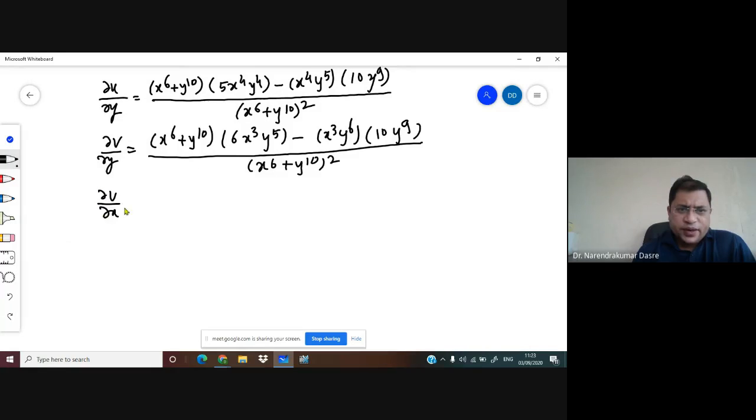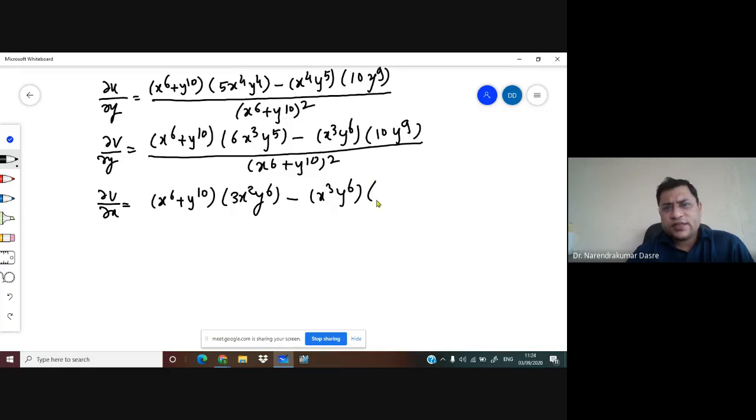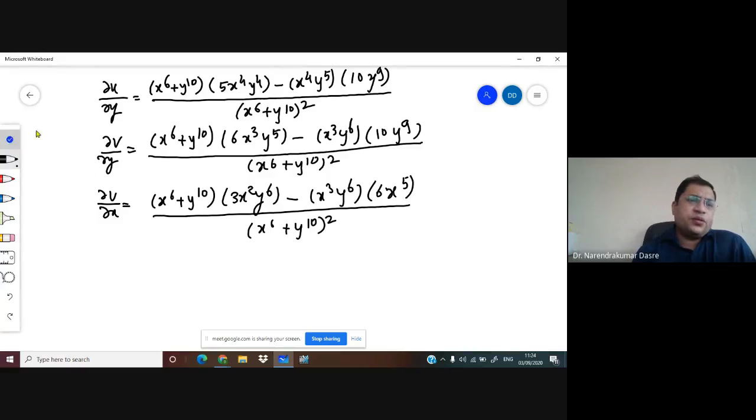Now let us find with respect to x. So ∂v/∂x is equal to x raised to 6 plus y raised to 10. Then I'll be having 3x square y raised to 6 minus x cube y raised to 6, and here I'll be having 6 x raised to 5 upon x raised to 6 plus y raised to 10 bracket square.